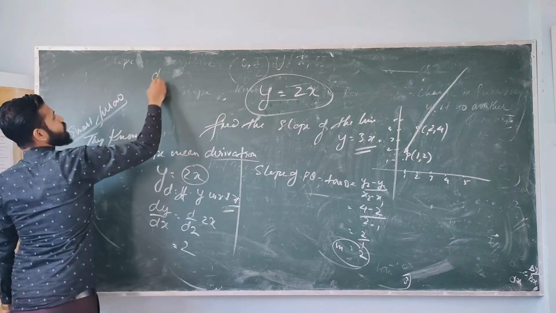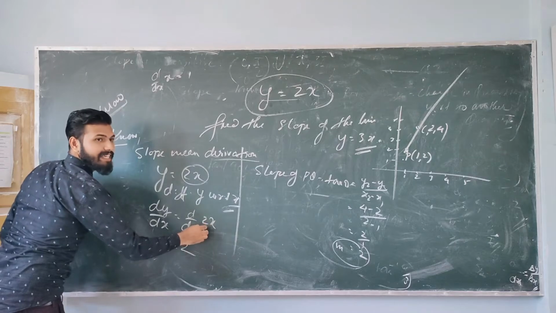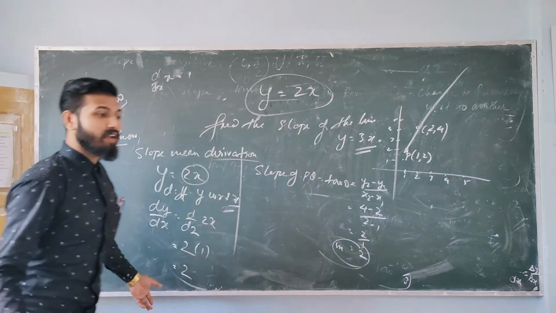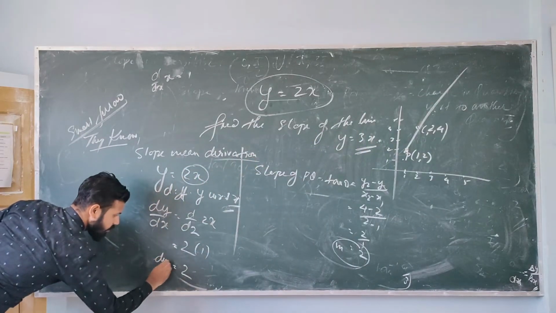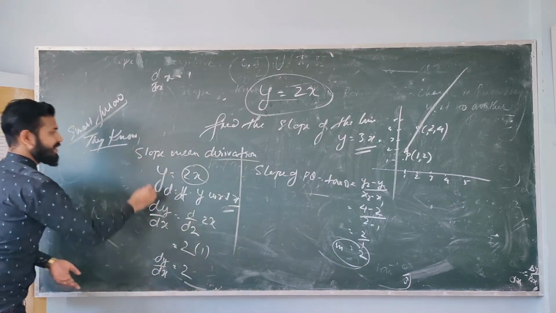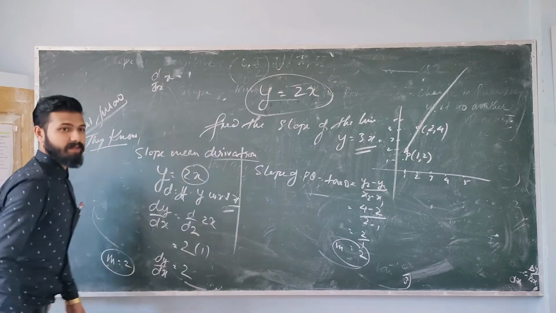Now tell me, d by dx of x is what? 1 only. So 2 times 1 is 2. Therefore dy by dx equal to 2. And dy by dx is the slope only. So therefore m equal to 2. Did that make sense?